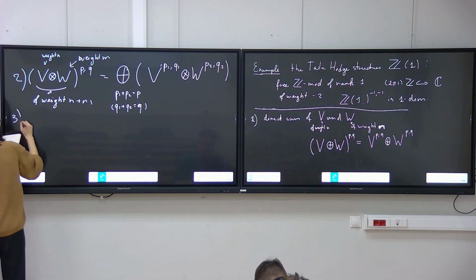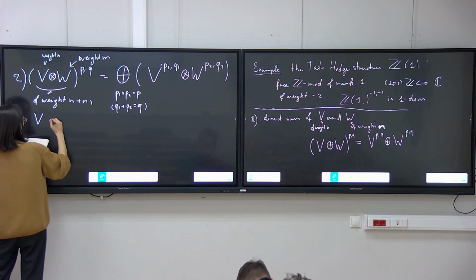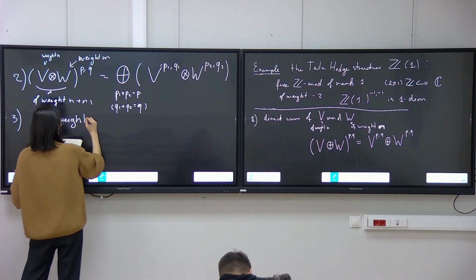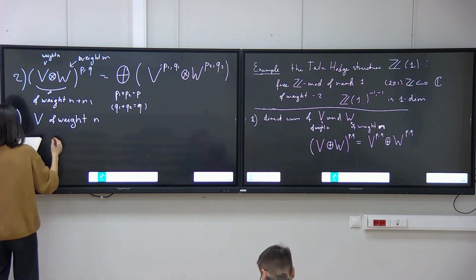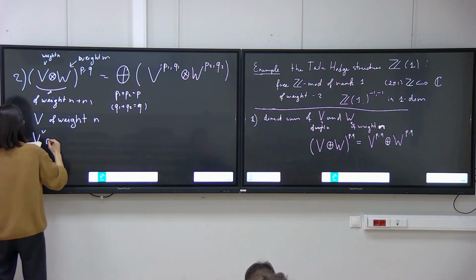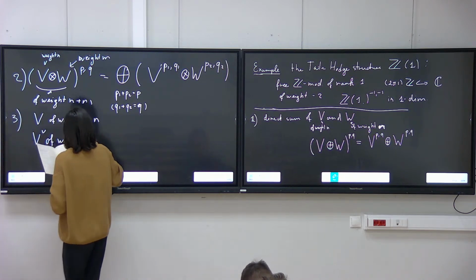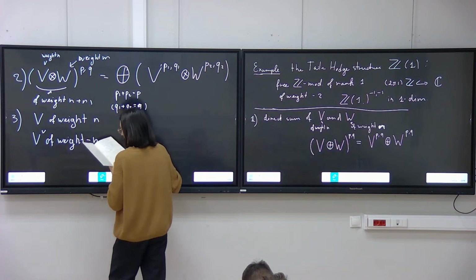Then we can define the dual Hodge structure. If V is of weight n, then its dual is of weight minus n.